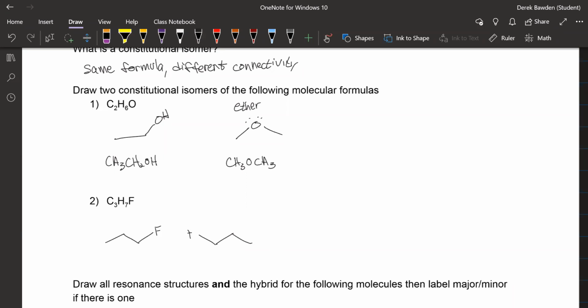Okay, so we don't want to do that. So let's try putting fluorine on the second carbon, carbon number 2. All right, so then we count the number of hydrogens, 1, 2, 3, 4, 5, 6, 7. Perfect. Any questions on those?